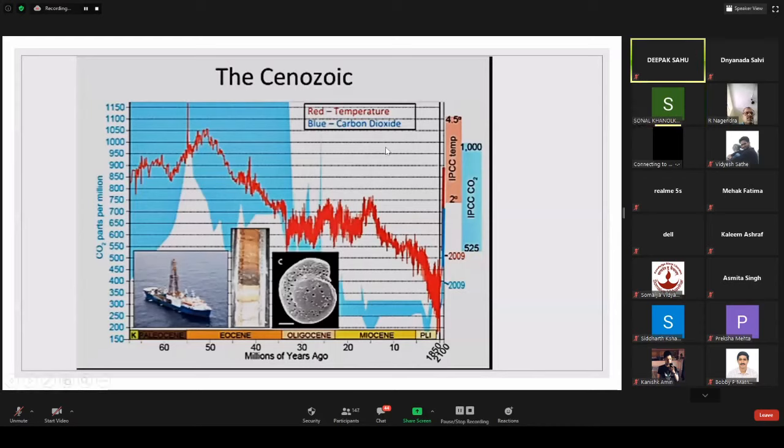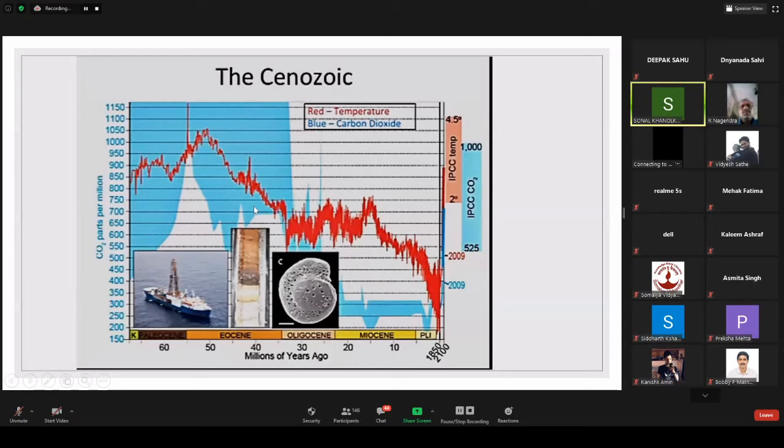So now we rely on microfossils to know about the climate change and the temperatures or the CO2 levels. And these are all models, but the temperature changes are known through microfossils.